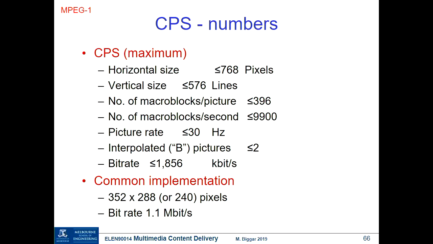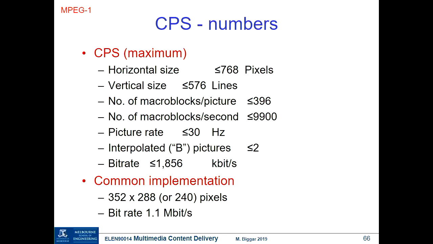So that provided a kind of reference point that you could say, I am compliant with MPEG-1 constrained parameter set, and would mean that I didn't have to produce chips that operated at those very high resolutions, very high rates, at a time when no one had an application for that sort of performance.